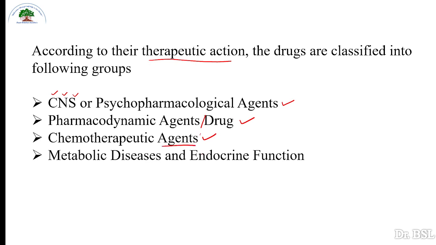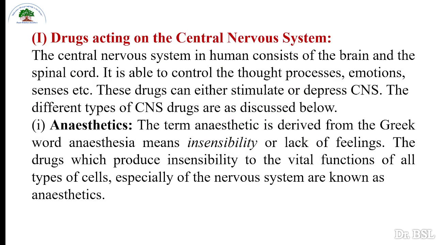This agent and drug, these two words are used with the same meaning. And fourth class is metabolic diseases and endocrine function related drugs. So let us see one by one.